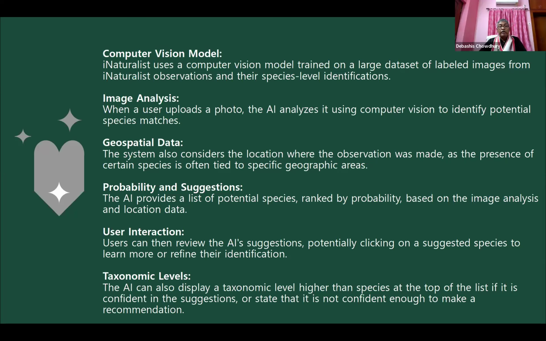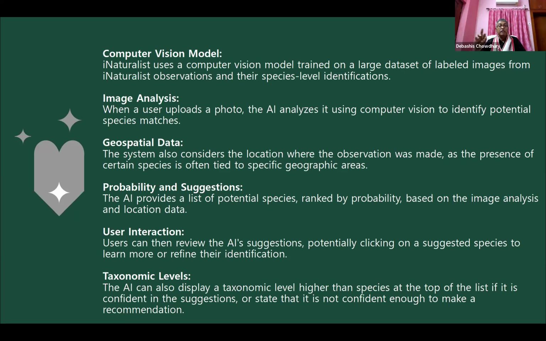Image analysis. When a user uploads a photo, the artificial intelligence analyzes it using computer vision to identify potential species matches. So when someone uploads a photo, there is a button for getting AI suggestions.